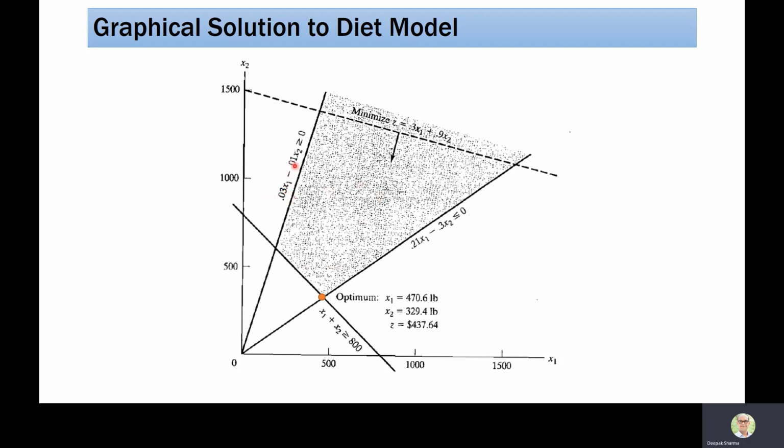Now in this case, we have the line 0.03 x1 minus 0.0 x2 greater than 0. Now this line is going through the origin. Now we don't have anything to say whether the portion above the line is feasible or below the line. In this case, what we can do is take some random point, say 100 and 0.